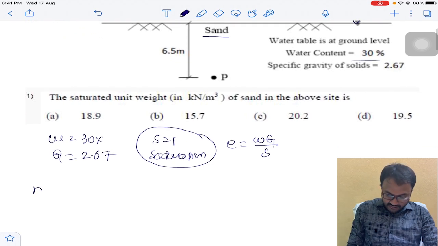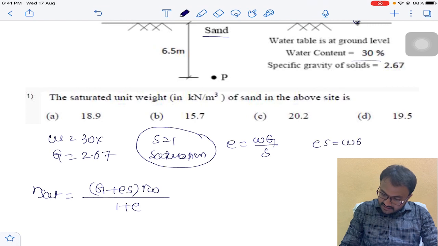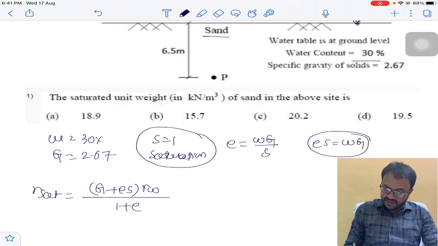So now we have formula saturated unit weight is equal to (G + e S)/(1 + e) into gamma W. So we can write eS is equal to wG. Clear? In place of eS, I will write this is wG. In place of e, as S is equal to 1, e is equal to wG.